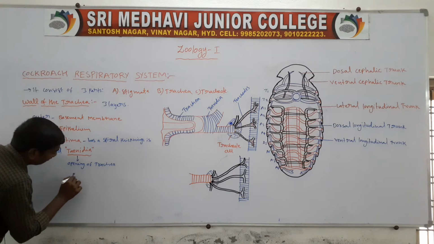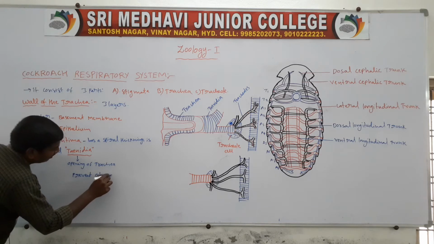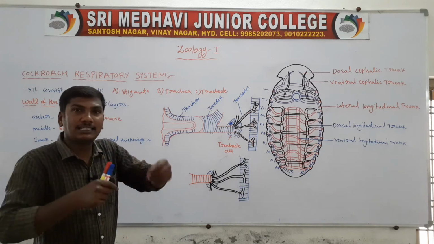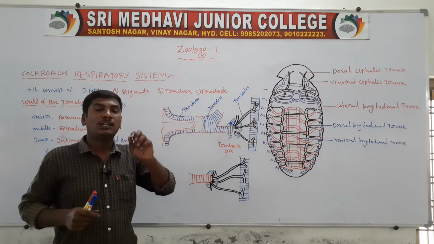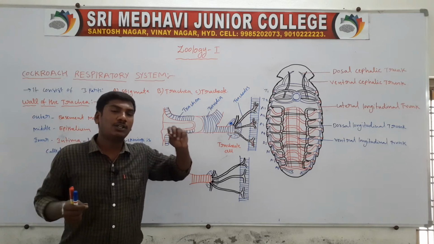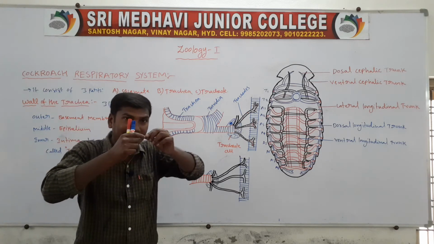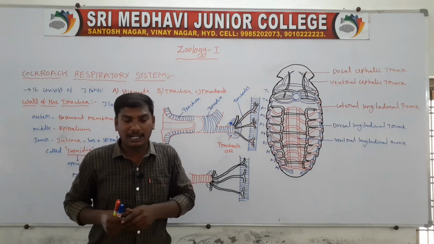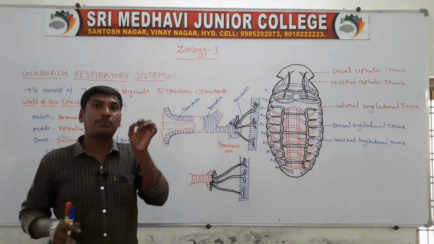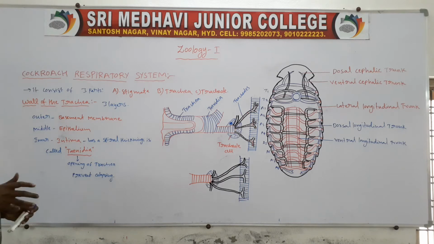The trachea is a tube-like structure, and the round spiral thickenings called ctenidia help keep the trachea always open and prevent its collapse, protecting the trachea. So these are the walls of the trachea.